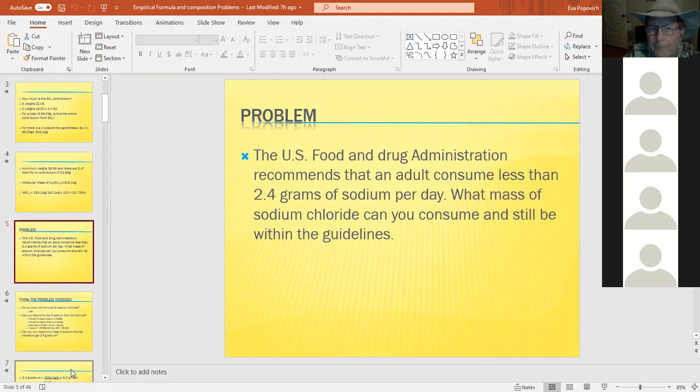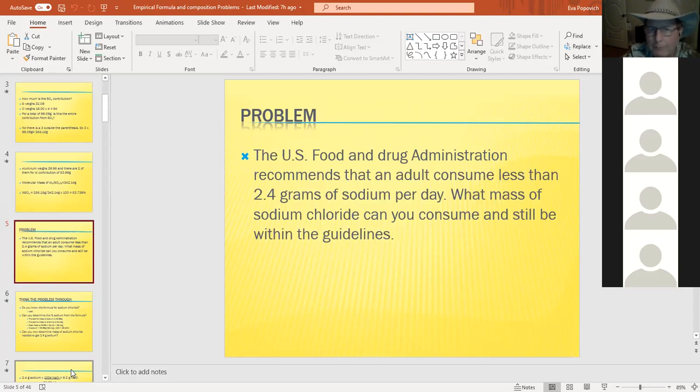Why don't you just find how much sodium chloride is, and then take out the sodium you can get per day? Give me numbers. Do you know what the formula for sodium chloride is? NaCl. Okay, so we have a formula.